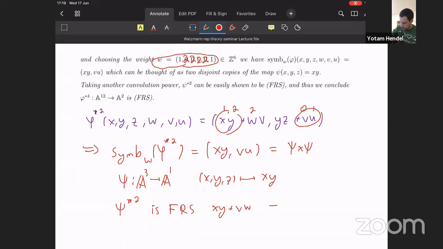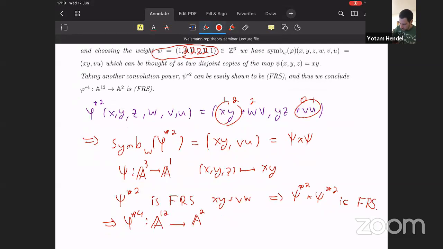So this means that this guy is FRS. And all in all, I can conclude that taking 4 convolution powers gives me an FRS morphism.